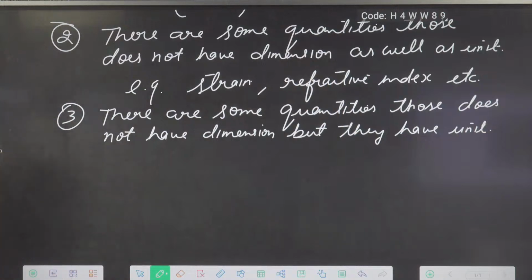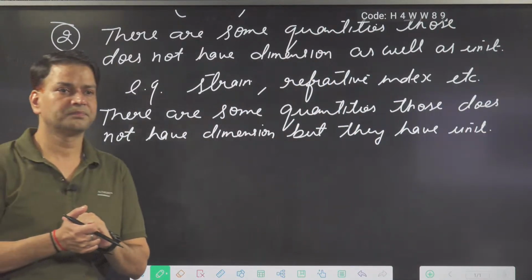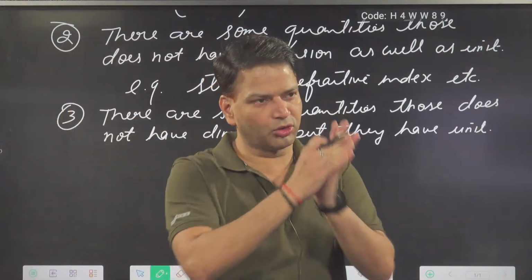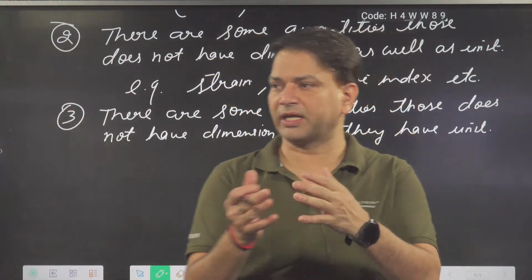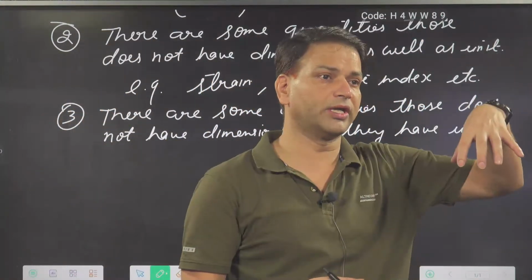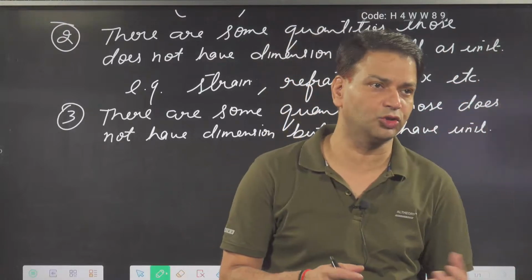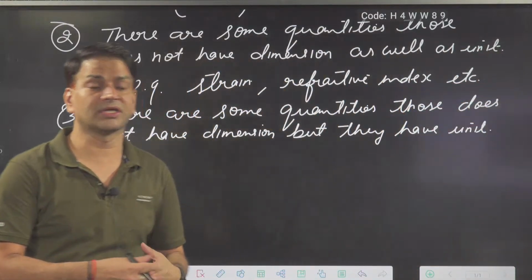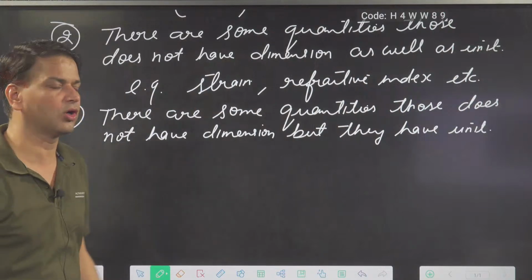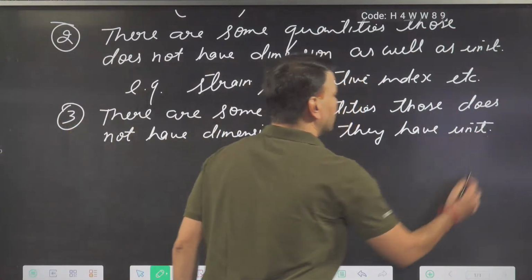Who will say an example of this? So earlier, some quantities don't have unit as well as dimension. Another I am saying, there are some quantities that have a unit but don't have dimension. The example is plane angle and solid angle. Already we have learned.